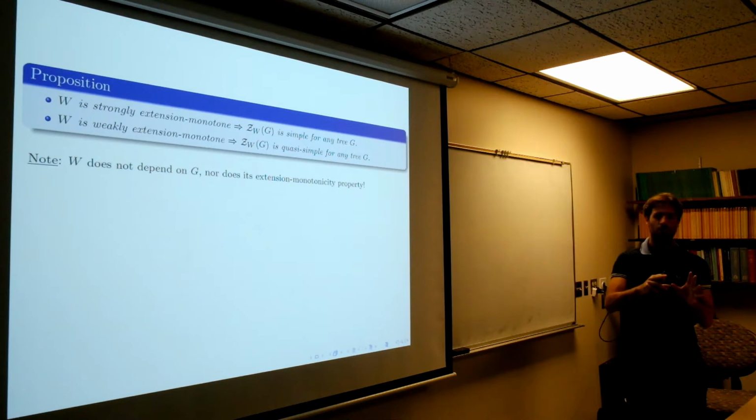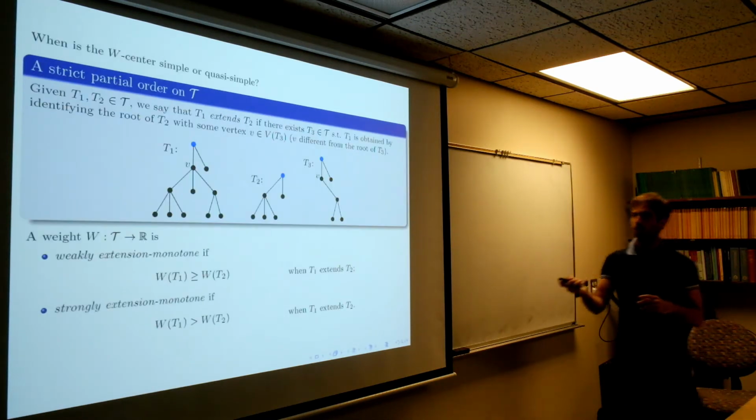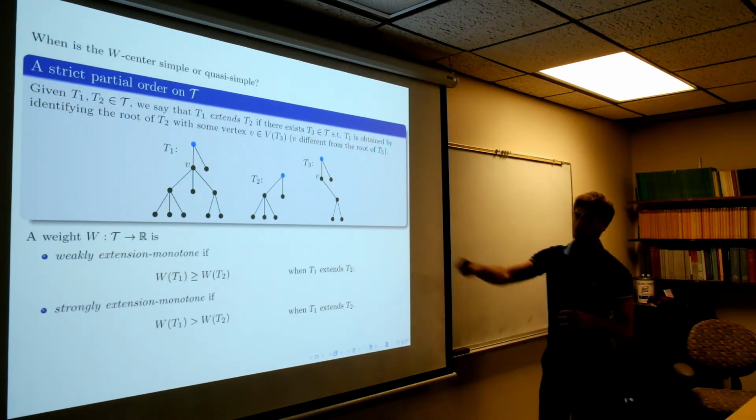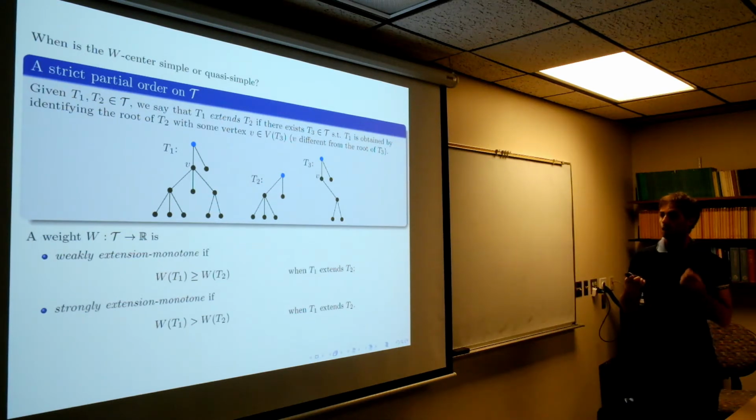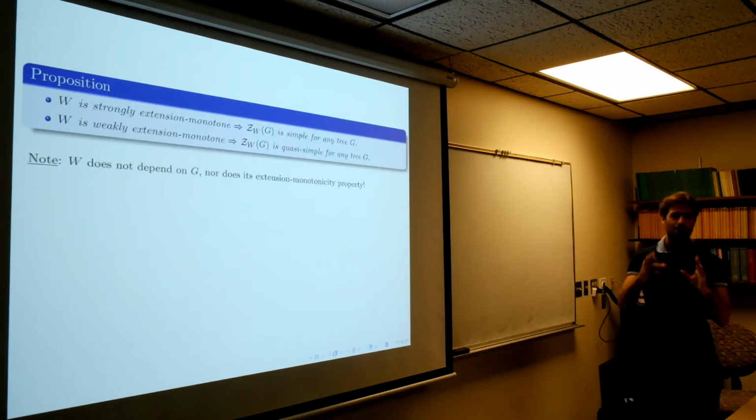W is just a weight on the set of rooted trees. And also its extension monotonicity does not depend on the graph, right? It's defined here, and G is not coming into this definition. So this means that we can take a weight, verify if it's strongly or weakly extension monotone, and if it is, then we can say that any center on any graph G using the weight W is simple or quasi-simple. It's kind of nice because we don't have to verify it every time.